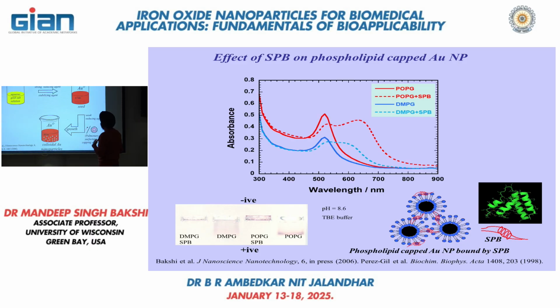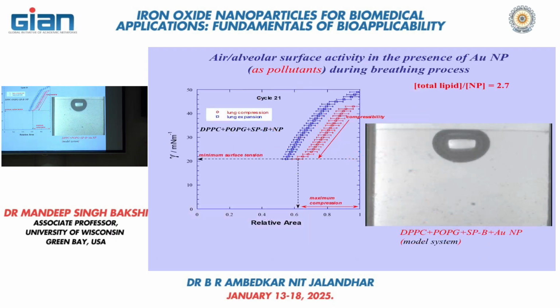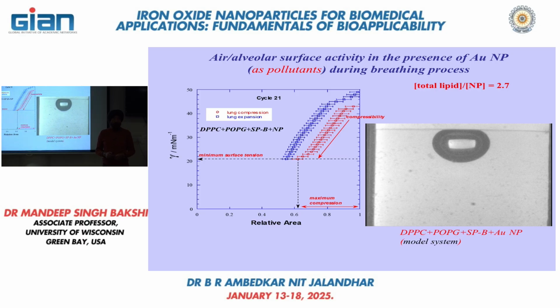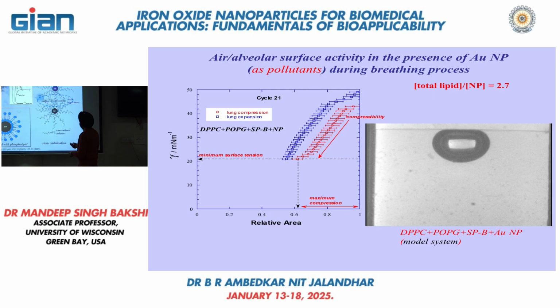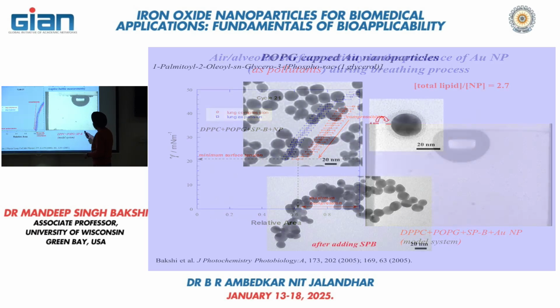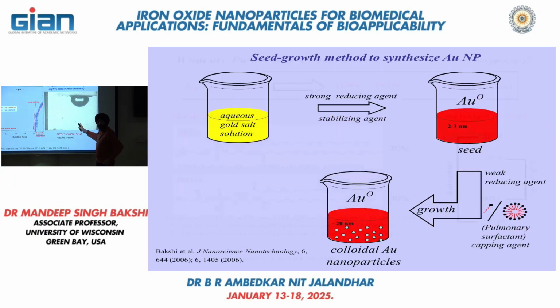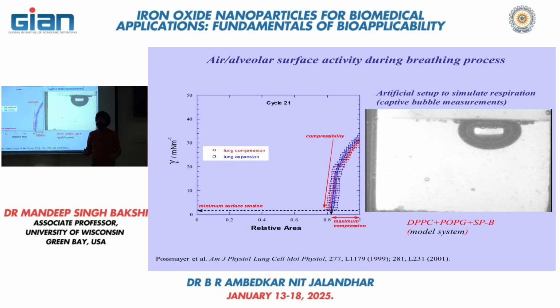Okay, so now we are coming back to our artificial lung. So this was the normal artificial lung functioning without the pollutants. Now we have created the model pollutants, gold nanoparticle with phospholipid. They act as a model, not exactly the pollutants which you have in the air, but they can work very closely similar to that of the pollutants.